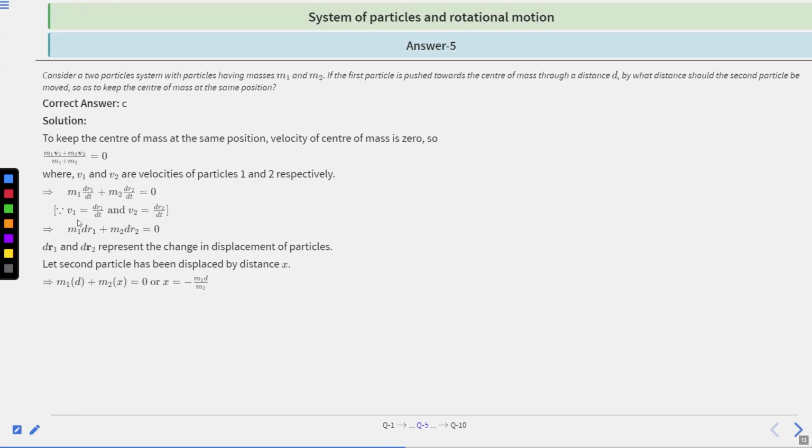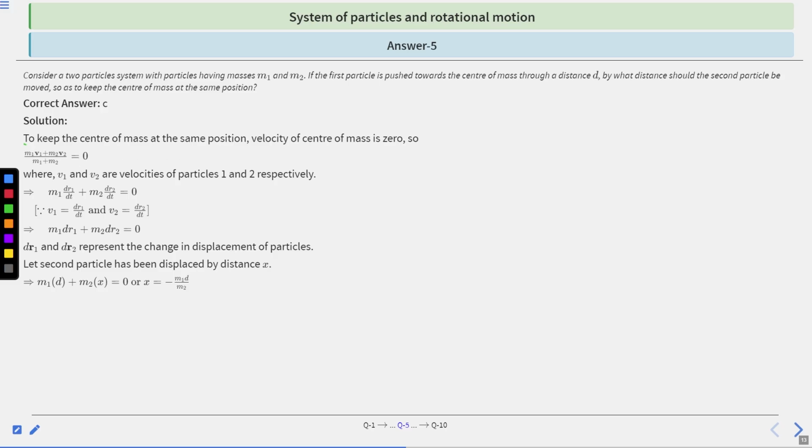Let's find the solution. To keep the center of mass at the same position, the velocity of the center of mass is 0. So (m1 v1 plus m2 v2) divided by (m1 plus m2) is equal to 0, where v1 and v2 are velocities of particles 1 and 2 respectively. m1 dr1/dt plus m2 dr2/dt is equal to 0.